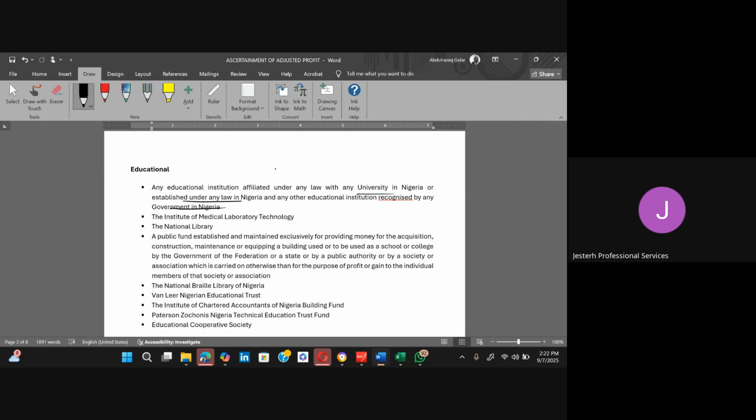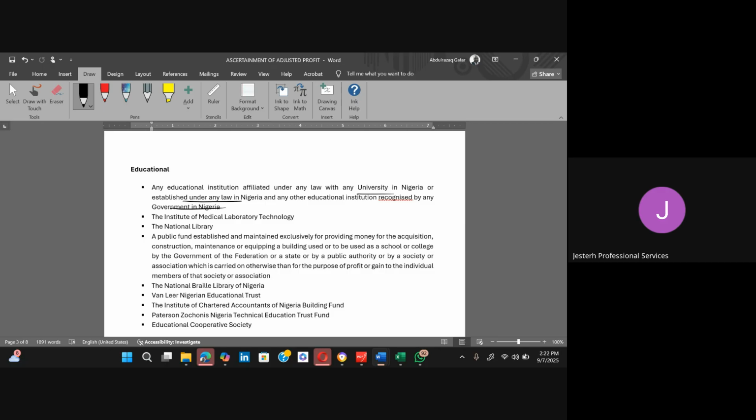The Institute of Medical Laboratory Technology, the National Library, a public fund established and maintained exclusively for providing money for the acquisition, construction, maintenance or equipping of a building to be used as a school or college by the government.